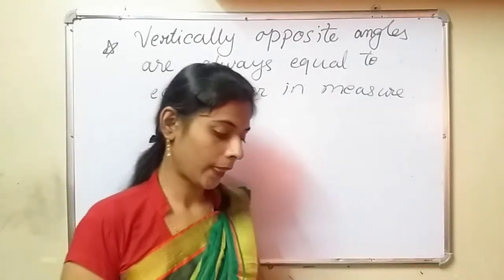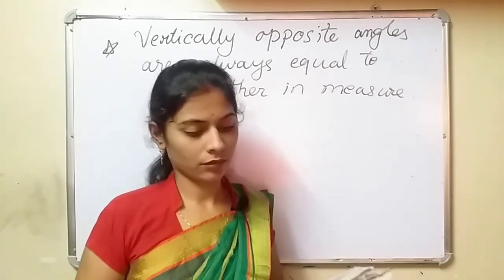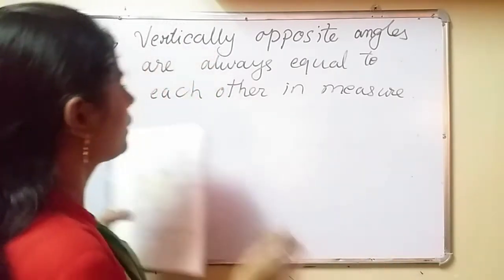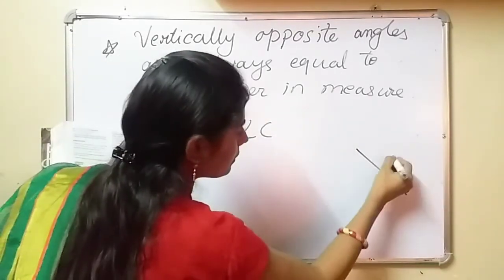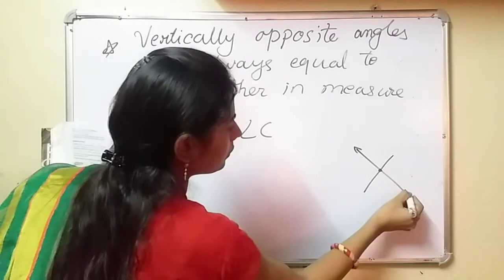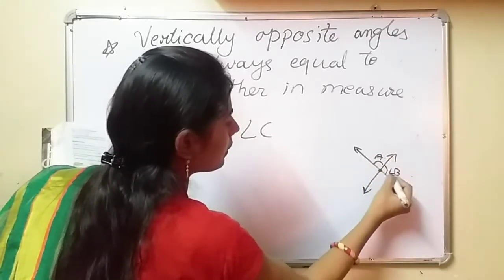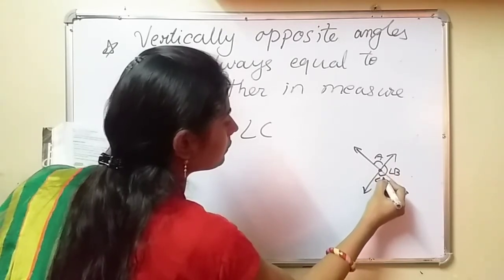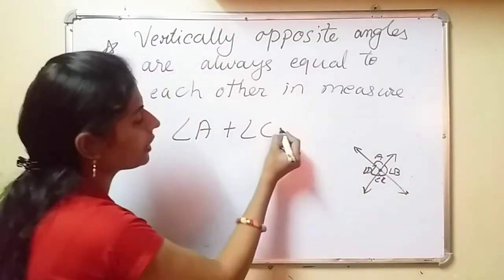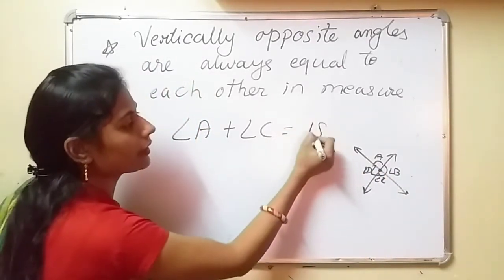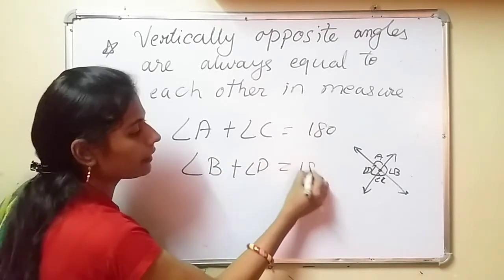Now see, when we are writing angle A, angle B, angle C and angle D, okay, so when we are adding this, angle A plus angle C is equal to 180 degree and angle B plus angle D is equal to 180 degree.